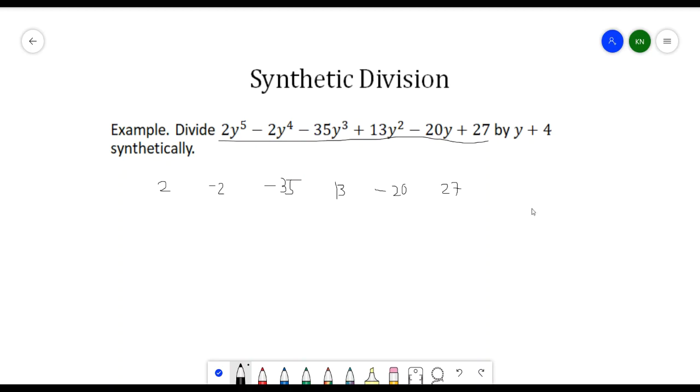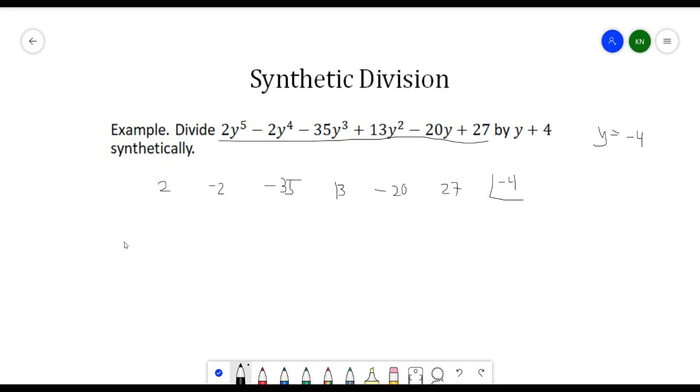Now, this is our divisor and divisors are written inside this form. So you have to equate this one to 0. If you equate this one to 0, we have y is equal to negative 4. So meaning to say our divisor is also negative 4. So that is how we rewrite a synthetic division before we continue with solving this one.